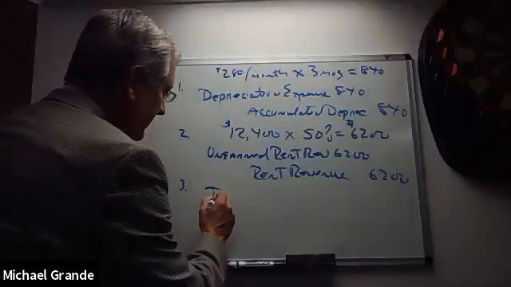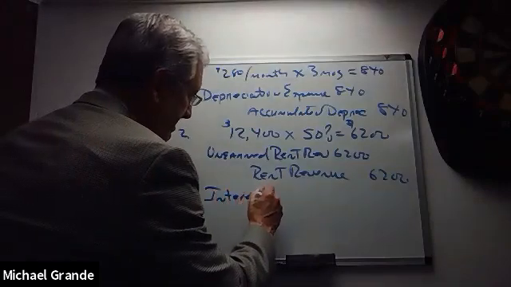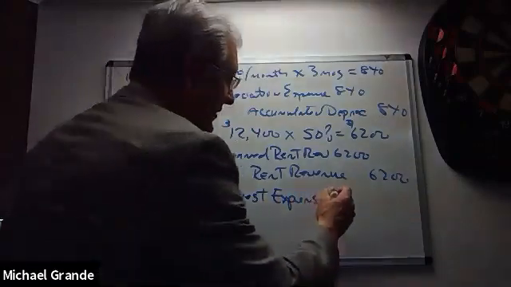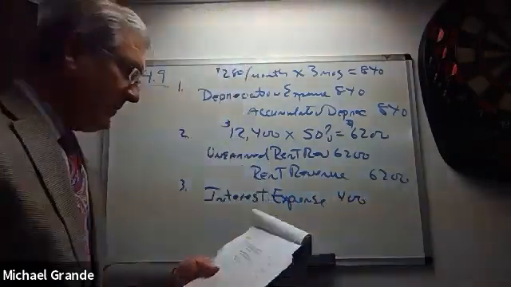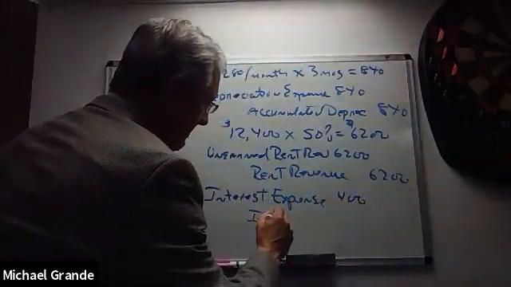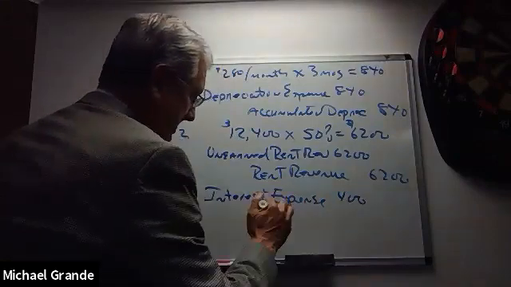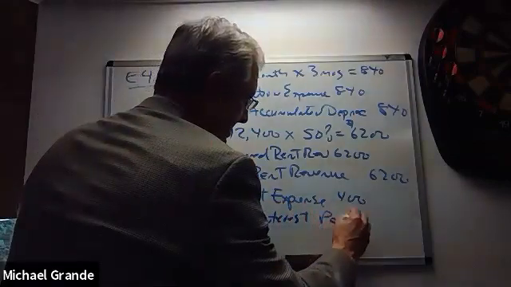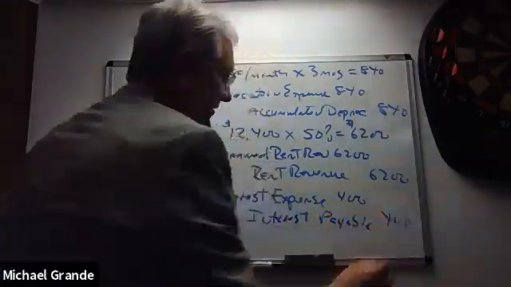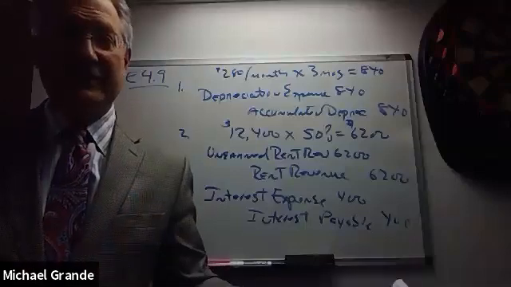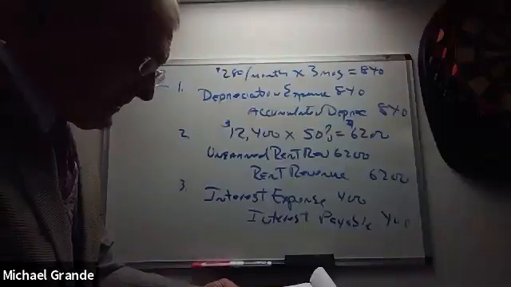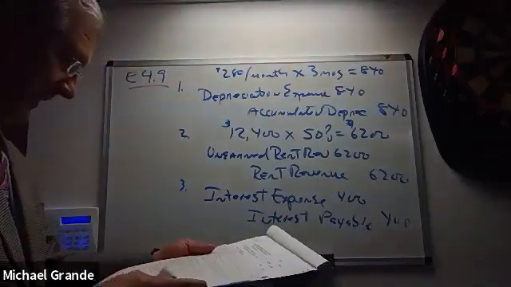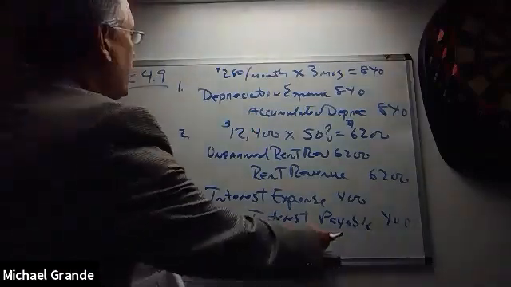So we're going to debit interest expense for the amount of $400, and we're going to credit interest payable for $400. So we recognize the expense and we also recognize the liability. We haven't paid it yet. Let's continue on to item 4.